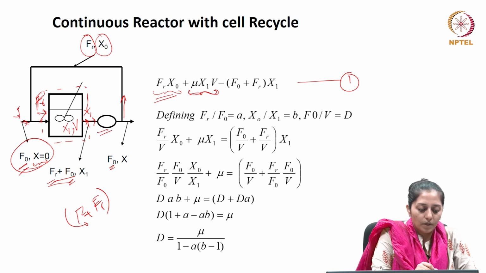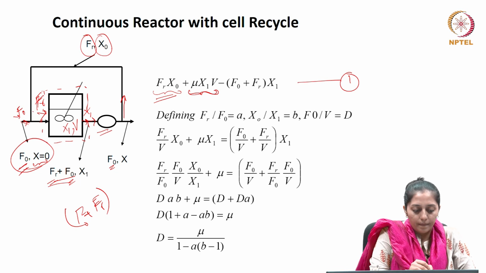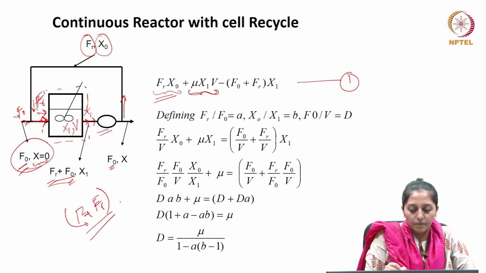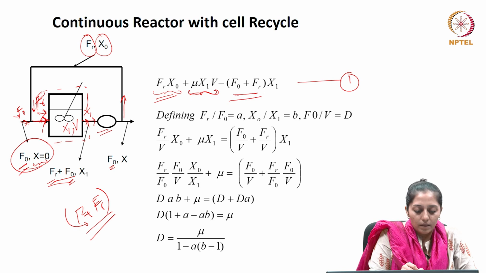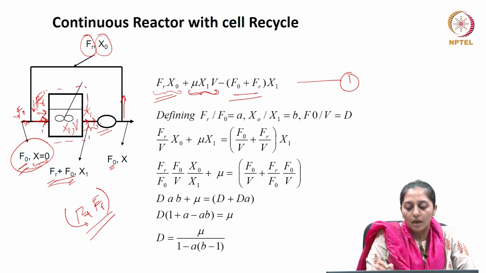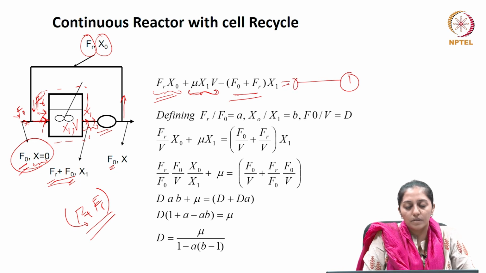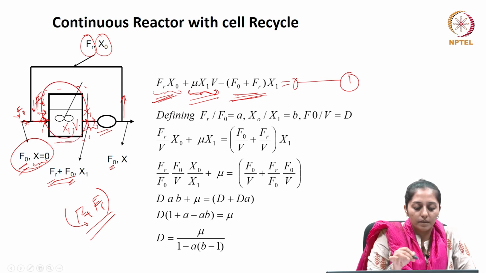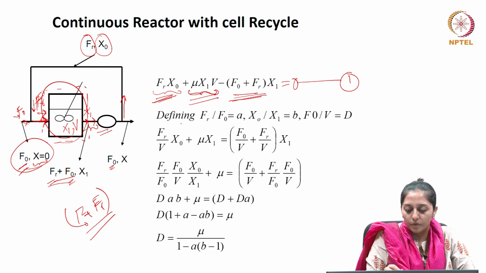So, this was F0 and this is Fr. They combine, so the stream flow rate is F0 plus Fr. So, F0 plus Fr times x1 is the rate at which the biomass is going outside this reactor, the loss or output, and it is a steady state, no accumulation. So, this is 0. Input minus output plus growth is equal to 0 for this reactor mass balance for biomass.